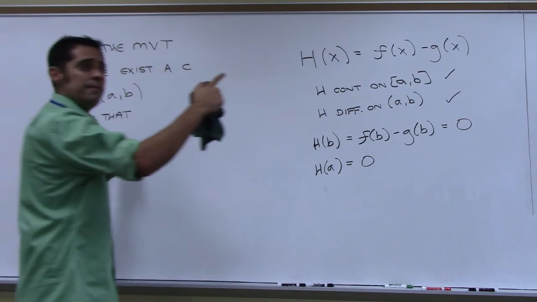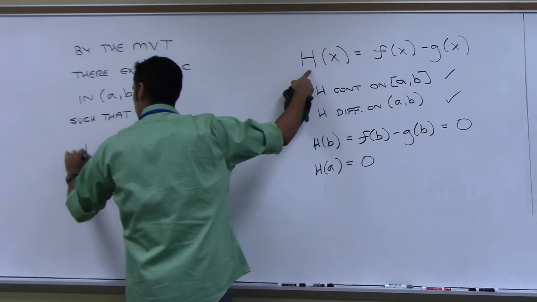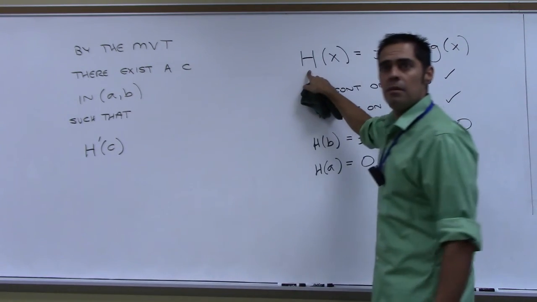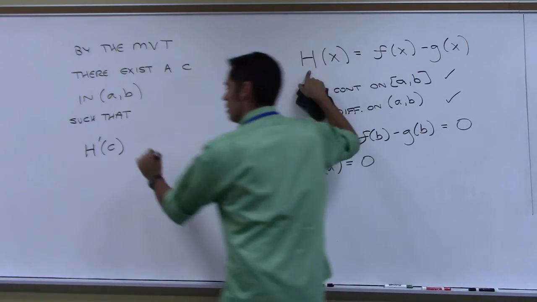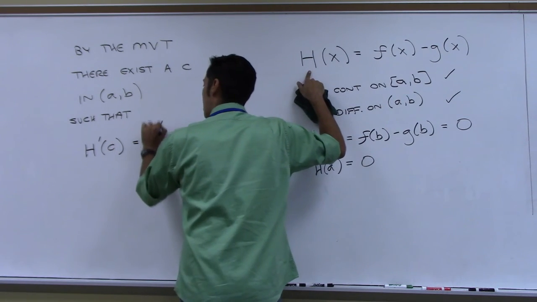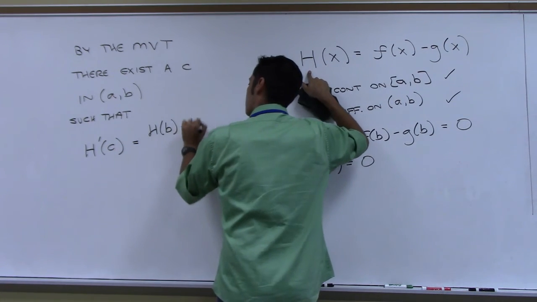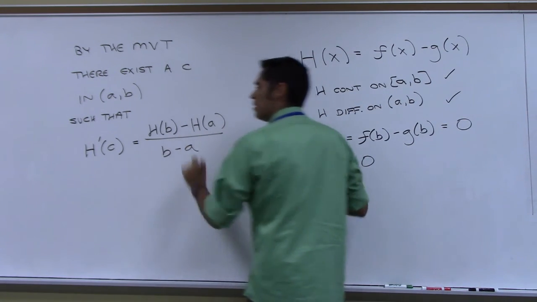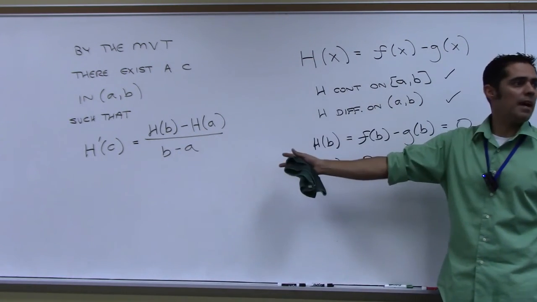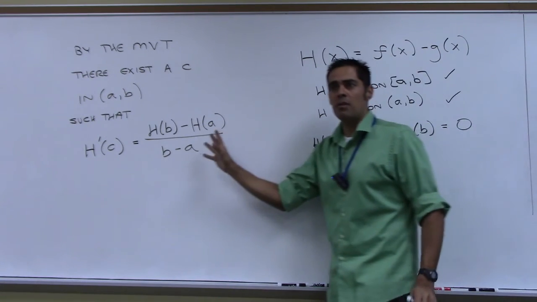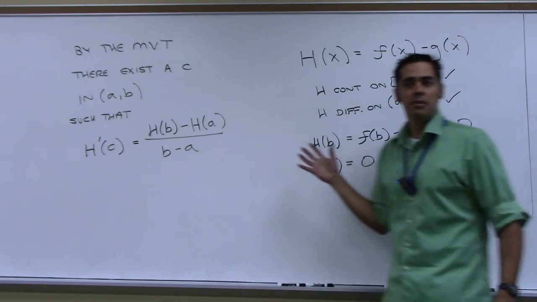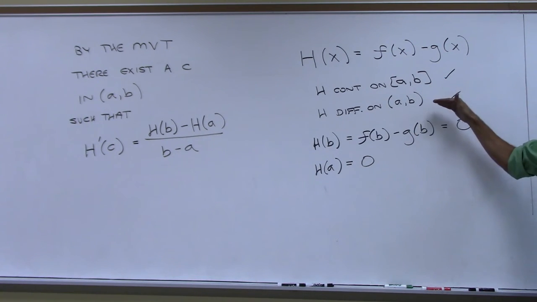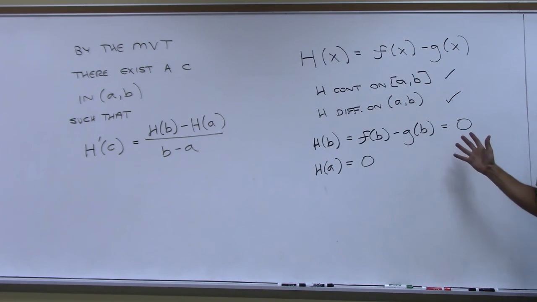The derivative of H at c must equal the slope of the secant line connecting the endpoints of H. Does that look familiar? It's the mean value theorem, but I'm working on capital H instead of little f. Because H was a continuous function on a closed interval and it was differentiable on the inside, right?